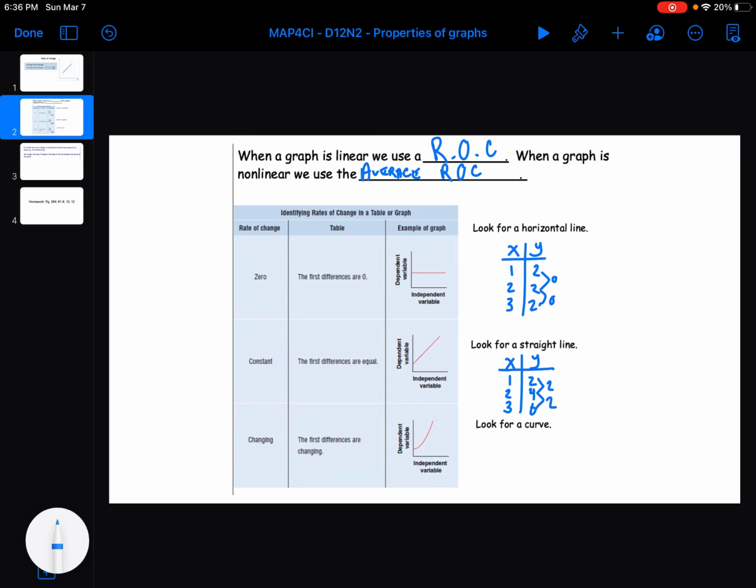Okay, and then finally a curve, I'm showing you this kind of on the side there. 1, 2, that's a terrible one, 3. This would be like 1, 4, 9 or something like that. Okay, those are not linear numbers. We have a difference of 3, then we have a difference of 5.